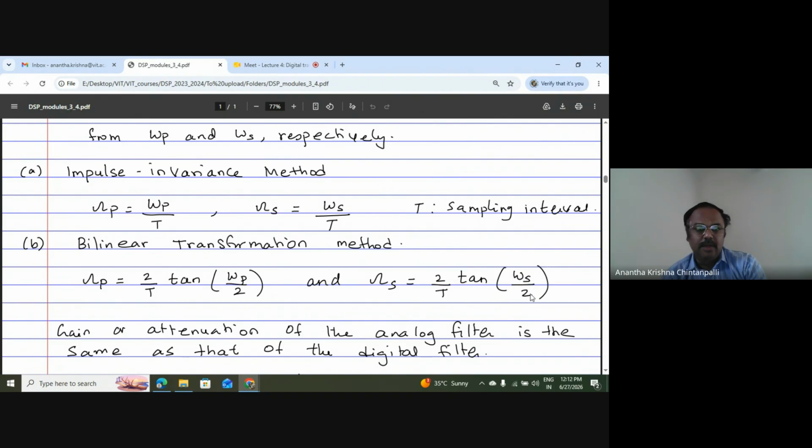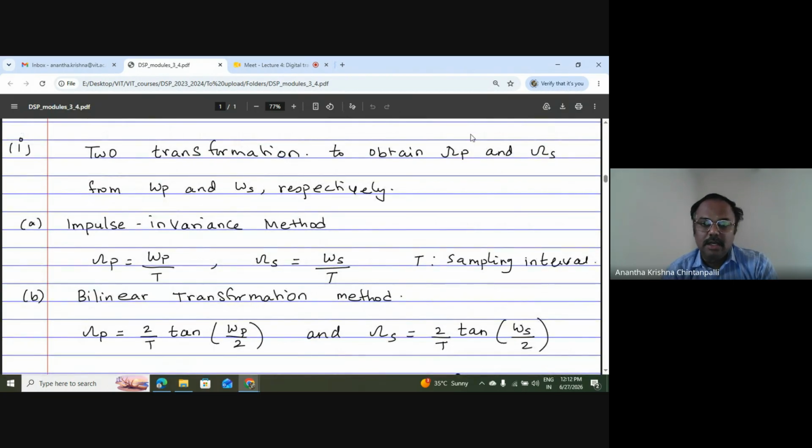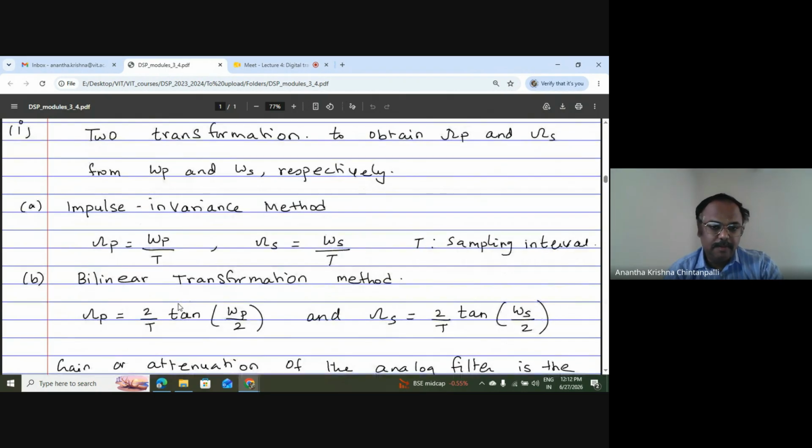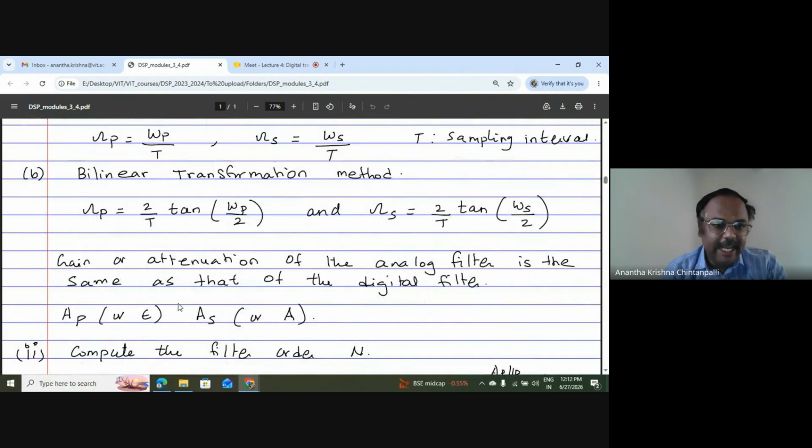So given discrete omega p and discrete omega s, I need to convert to continuous omega p and continuous omega s. Either I can apply the impulse invariance method or the bilinear transformation. But the gain or the attenuation, meaning Ap, As, epsilon or A of the analog filter, is the same as that of the digital filter.